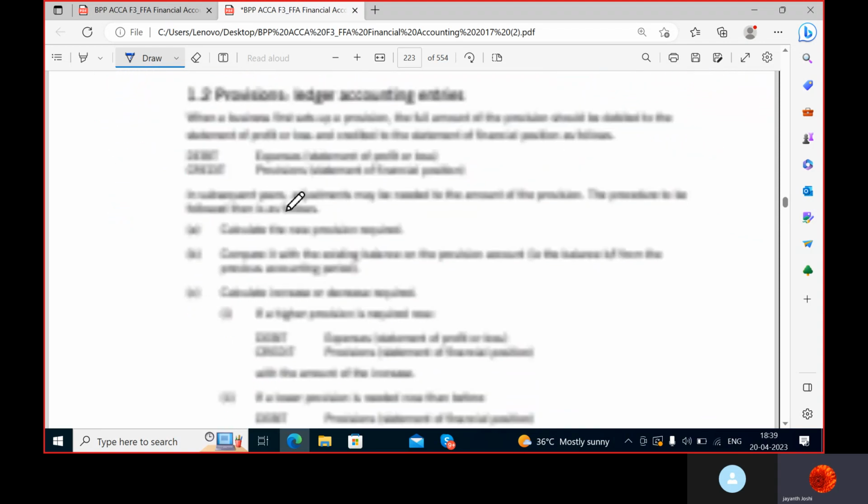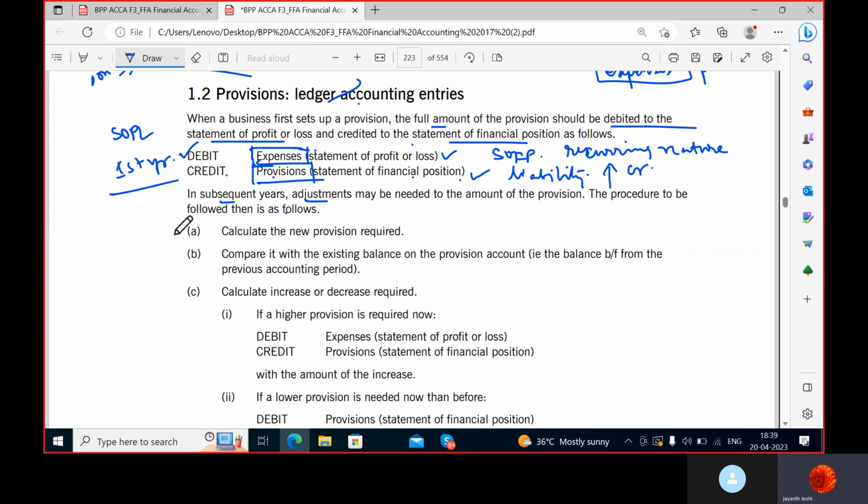For next year, we'll calculate the new provision required. So suppose in the first year, the provision required is $500. Now the new provision required is $800. So that is more than the old one, na? This is more than the old provision.